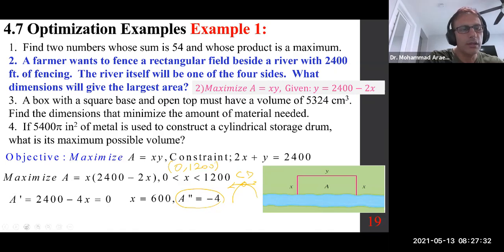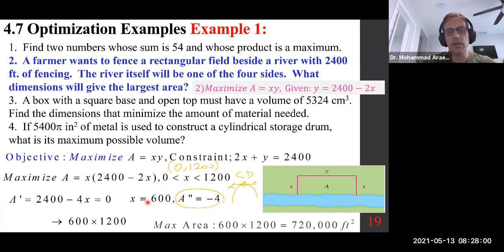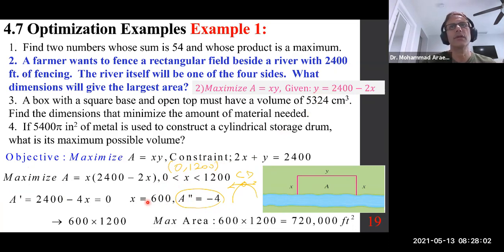The first or second derivative test, in this case the second derivative test, can tell us if we have a local max or min, not absolute. So local max at this point. But how do we know this is absolute? Because this is an open interval and there's only one critical point. That's why it's important. So you use either this one or that one, you find y, those are the dimensions, and that's the area. Very straightforward.